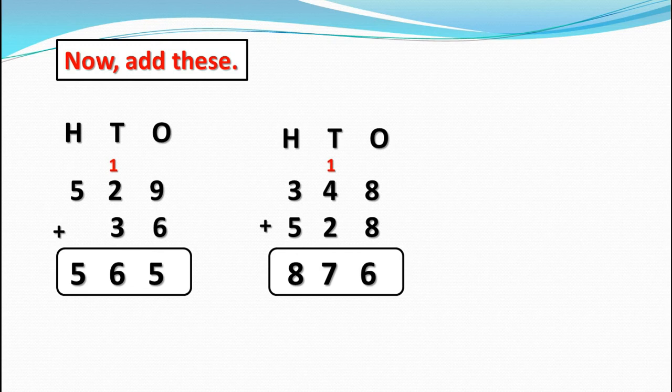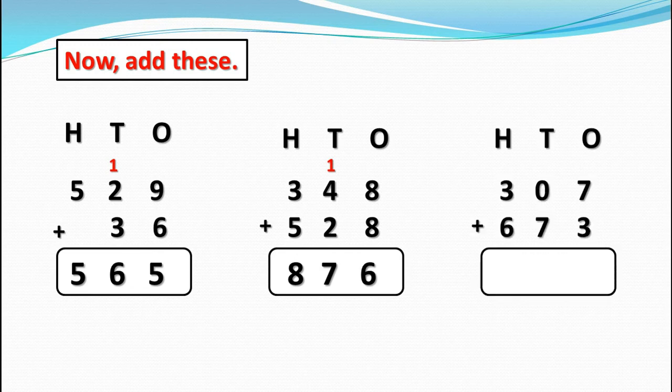Now add this. 7 plus 3 equals 10. So here we will write 0 on ones and 1 ten will convert into tens. But here is 0, so we cannot put the 1 ten on 0. We will put the 1 ten on 7. Now add them all. 1 plus 7 equals 8. Now add hundreds. 3 plus 6 equals 9.